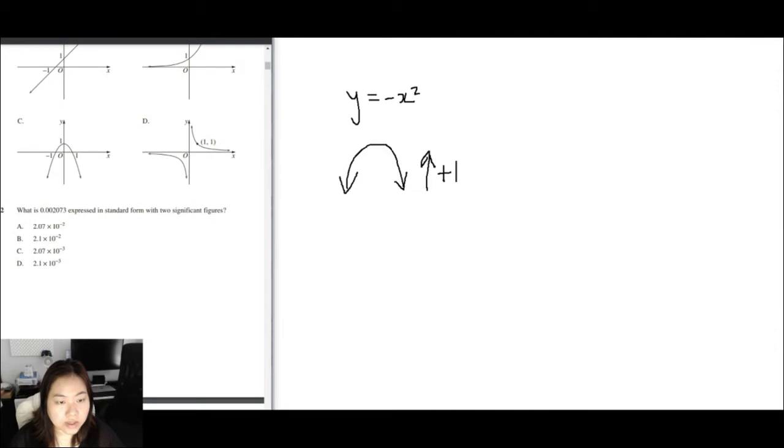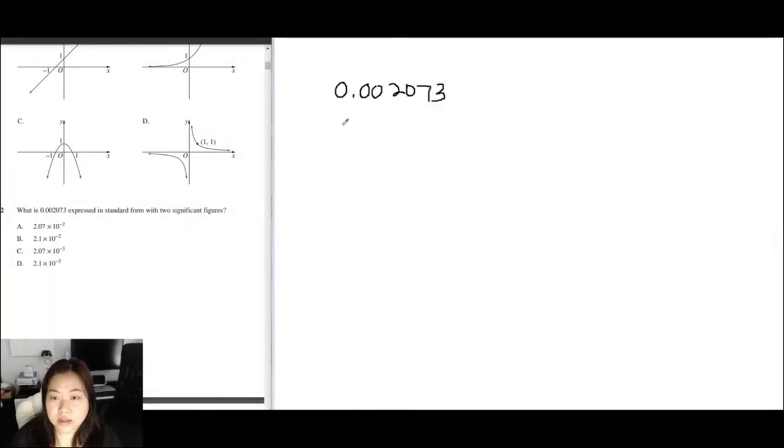Question 2. What is 0.002073 expressed in standard form with two significant figures? Alright, let's figure out the two significant figures first. This 0 won't tell us what number it is. This is not significant either because it's not telling us the information. Neither is this one. 0, 2, that's getting close, but that's only one significant figure. The next one, I'm going to round it to 1.